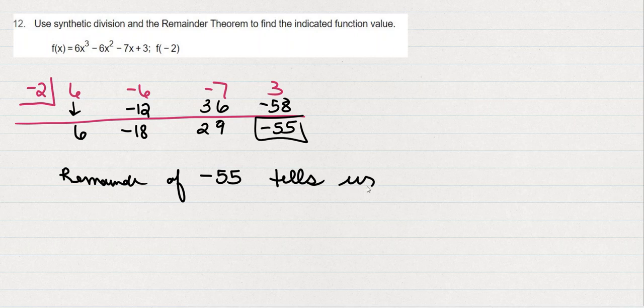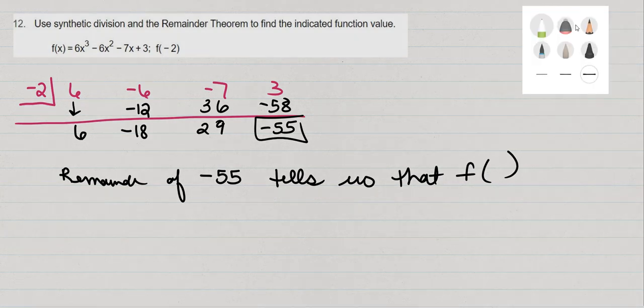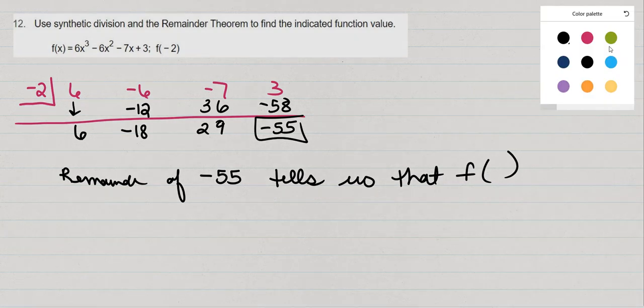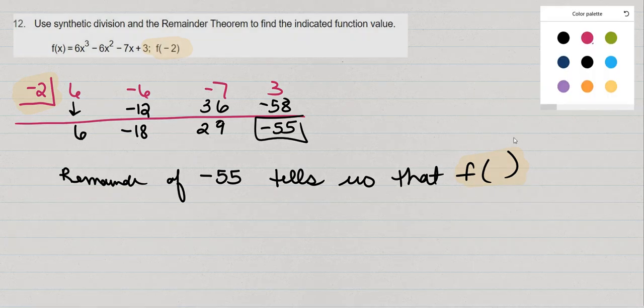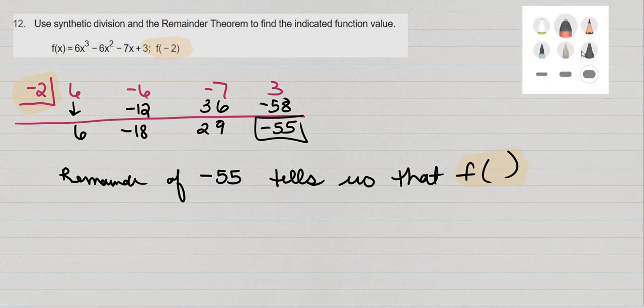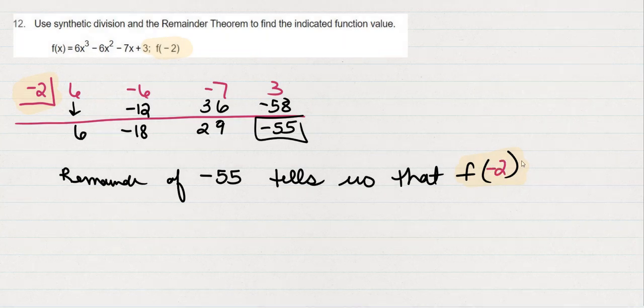So this tells us that f of negative 2, let me show you that. Negative 2 is what we divided by. So this tells us that f of negative 2 is equal to negative 55.